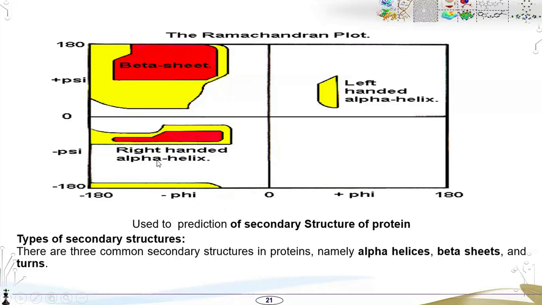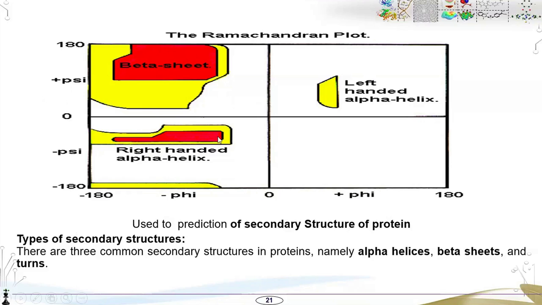Then only are we able to determine the secondary structure, and we can predict that we got exact 100% purity of the secondary structure. I hope you understand how to determine the secondary structure using the Ramachandran plot. So how to identify the beta sheet? Again, only plus psi, that is 0 to 180 degrees.